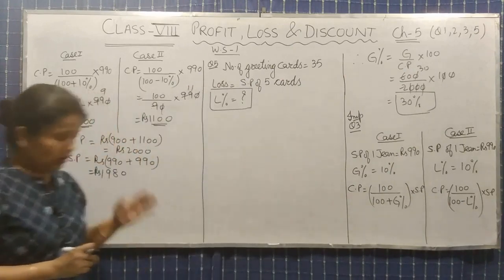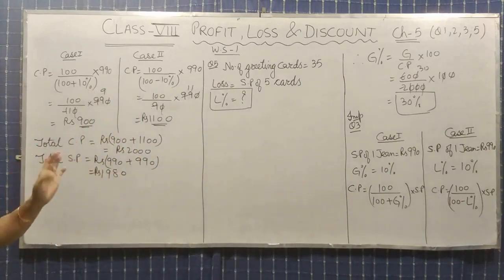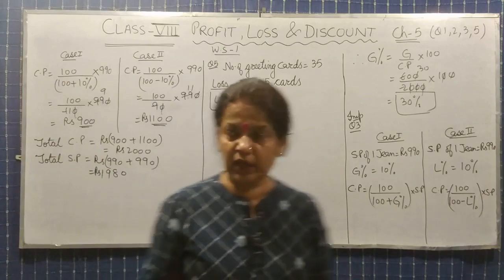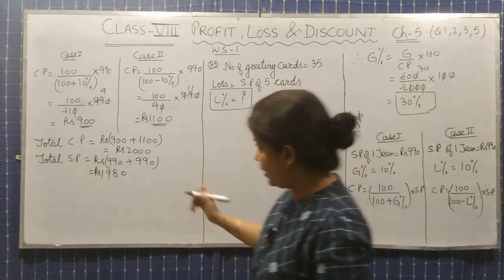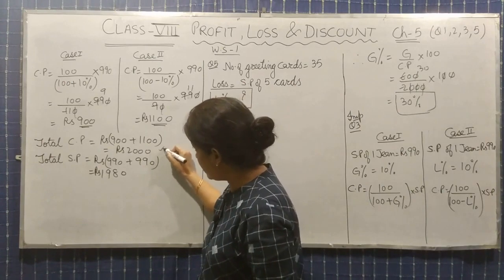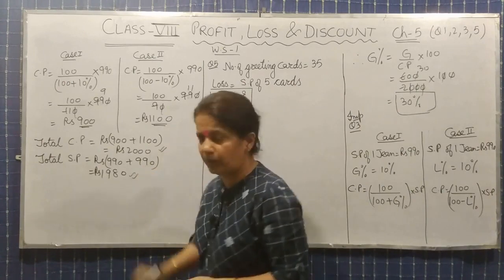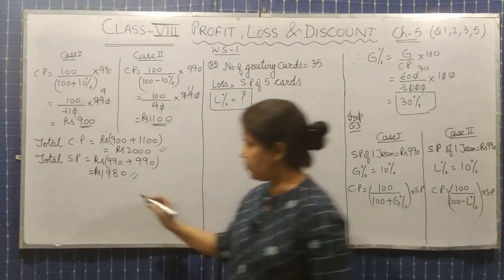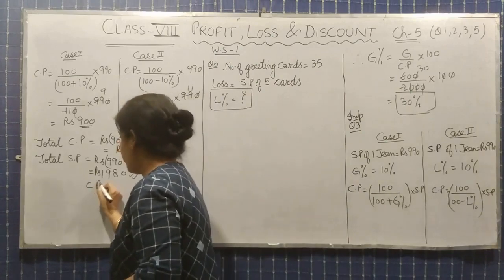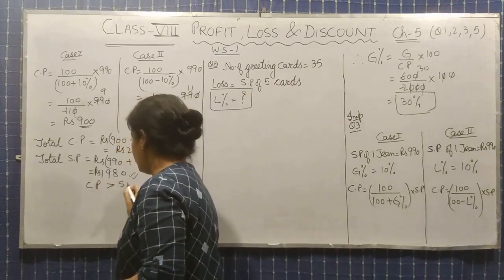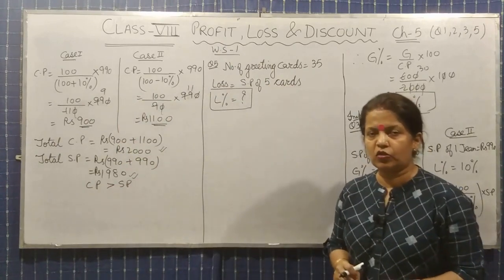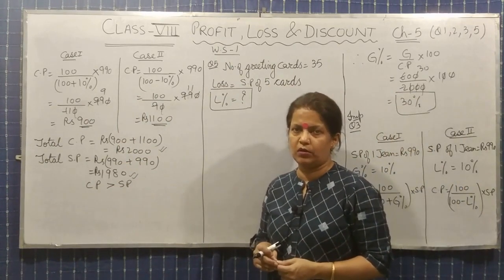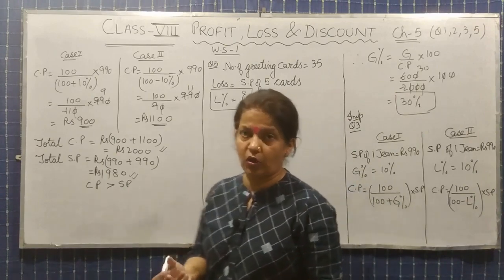Okay, now the question is whether it is a loss or gain. To find the loss or gain percent, we have to see which one is greater. Look here, cost price is more than selling price, isn't it? If cost price is more than selling price, will it be a gain or a loss? It will be a loss.